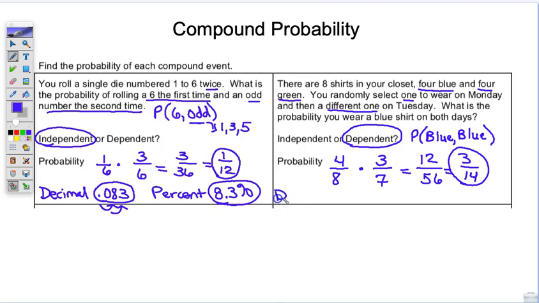To turn that into the equivalent decimal, I just divide 3 by 14, and when I do that, I get 0.214 or 214 thousandths. If I want to turn it into the equivalent percent, I'm just going to move that decimal 2 places to the right, and it will be 21.4%. So there's the 3 different ways that you could write this probability.